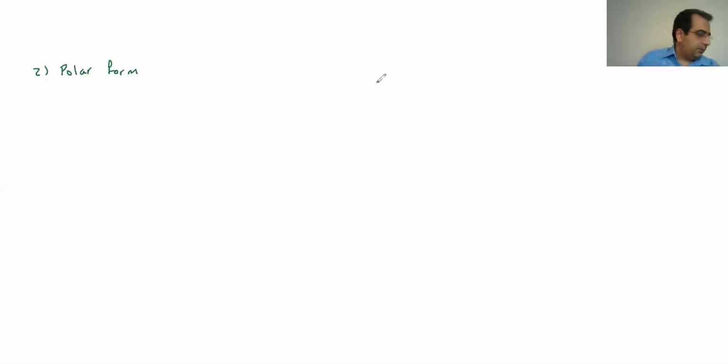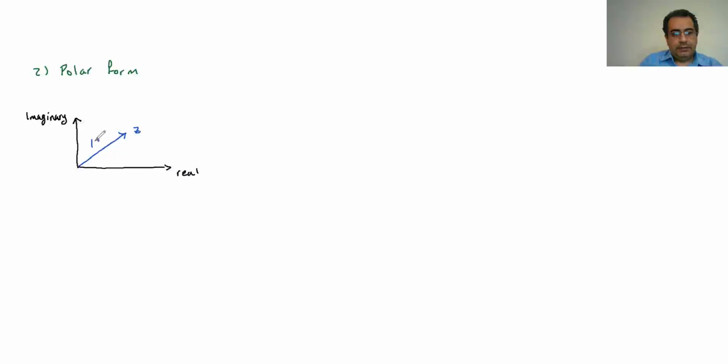So the complex number, when it comes to the polar form, if I have it like that, this is the real part, and this is the imaginary part, and I have z like that, and the length of that vector is z, and the angle it has here is theta.